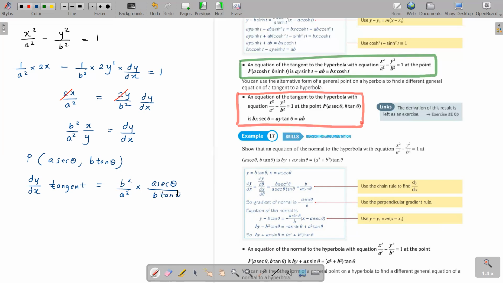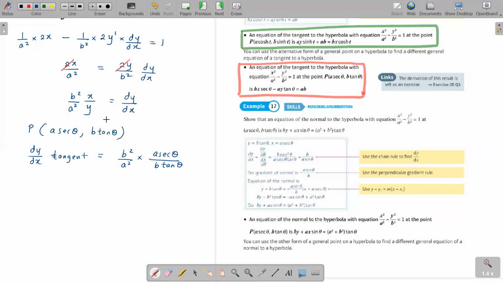Are you following me? So you can cancel off a to a and b to b, right? A to a and b to b can be removed, and I end up getting here b sec theta over a tan theta. Is that correct? b sec theta over a tan theta.